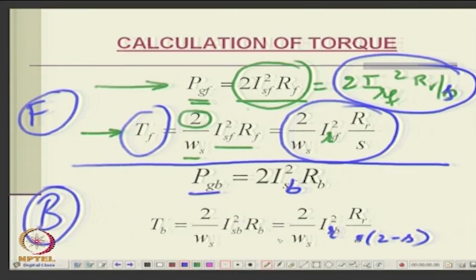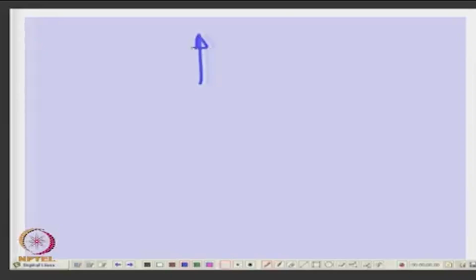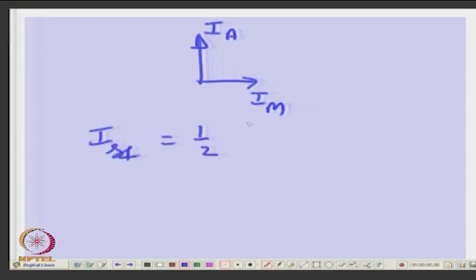ISF is half of IM minus, see the thing is, supposing ideal condition, if this is IA and this is IM, ideal too, ISF is half of minus, okay, and this is nothing but IM actually in a balanced case.